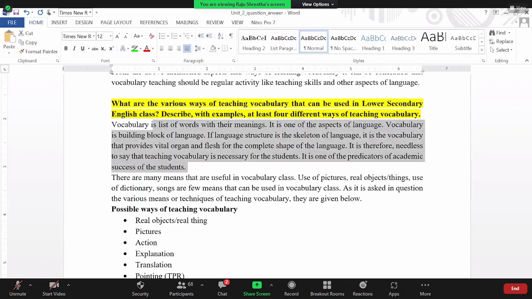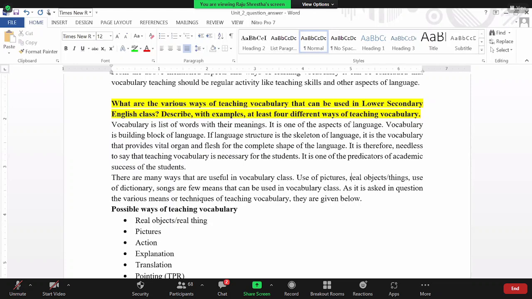So this is common. If it is asked, write the basic steps of teaching vocabulary. And what are the various techniques of teaching vocabulary? Then this second paragraph talks about the question. There are many ways that are useful in vocabulary class.